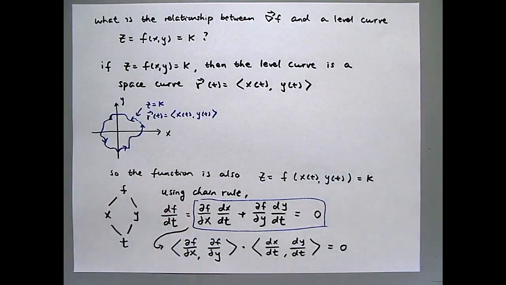So if you reinterpret that as a dot product of two vectors, then you get this guy dotted with this guy equal to 0. What's this first vector?